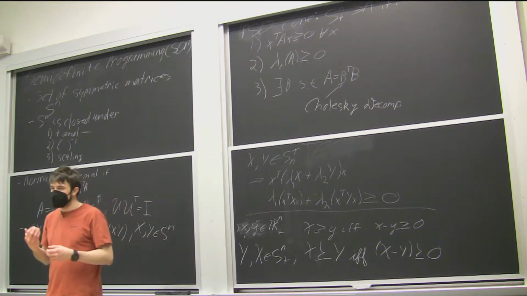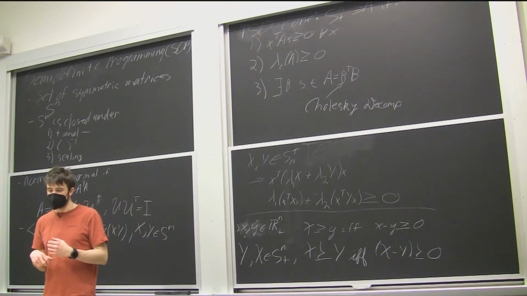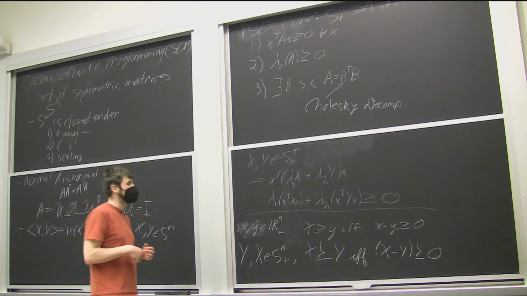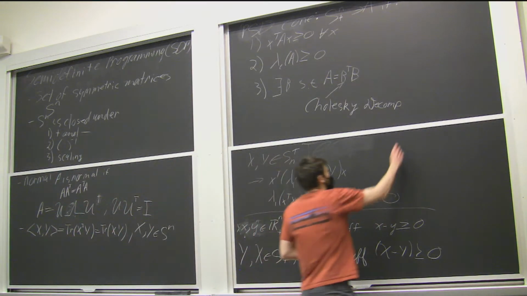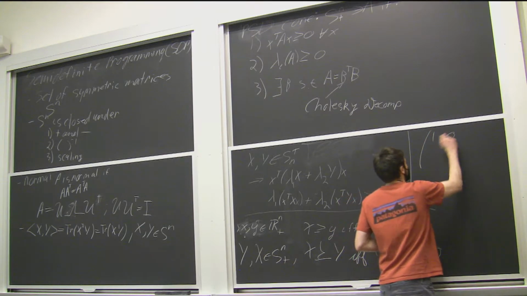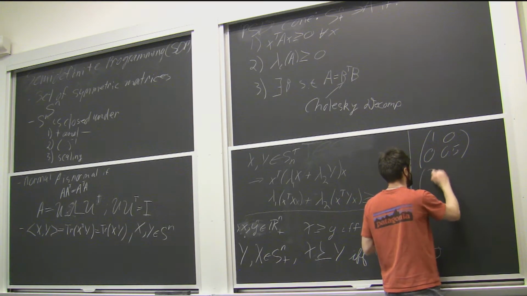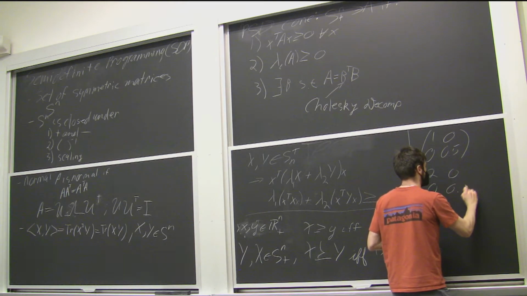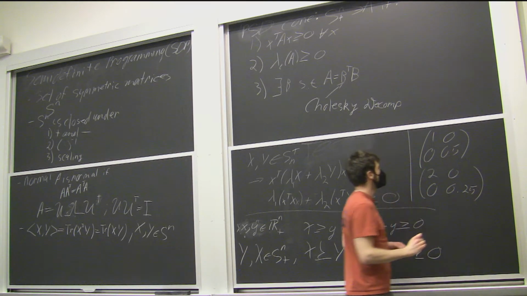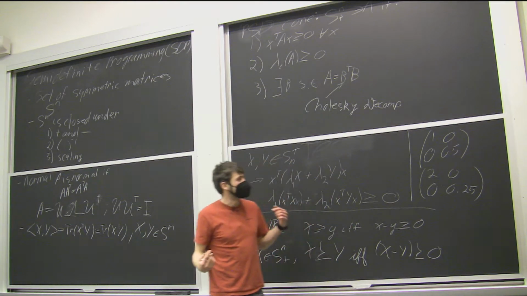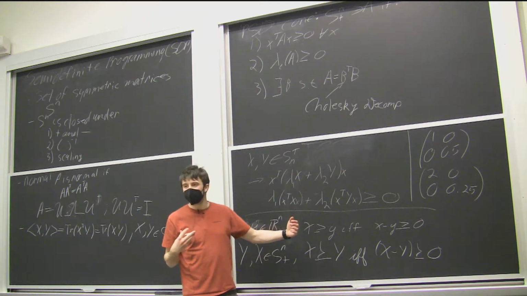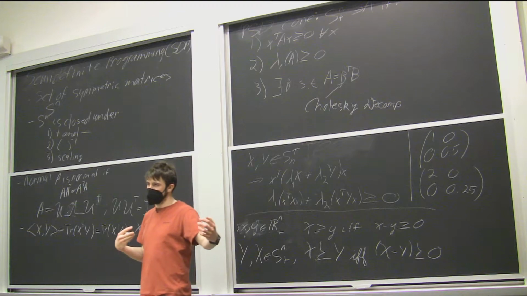So this defines a partial order because if you take two matrices, say the matrix 1, 0, 0, 0.5, and the matrix 2, 0, 0, 0.25, if I subtract one from the other, I'm going to get a negative eigenvalue either way.